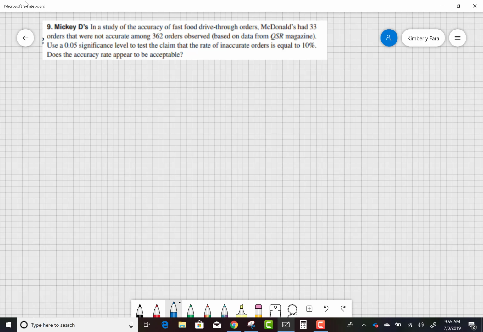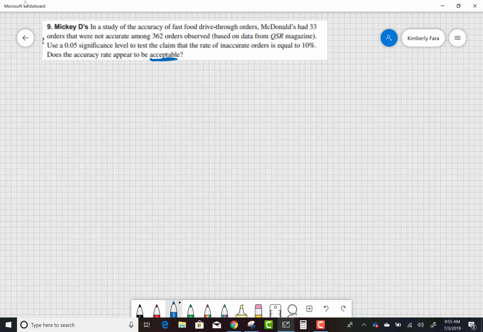So check that out. We're going to identify the claim. That's number 1. The claim is that the accuracy rate is equal to 10%. It doesn't say less than or greater than, it's equal to or not equal to, except I'm going to change it because it says acceptable there.